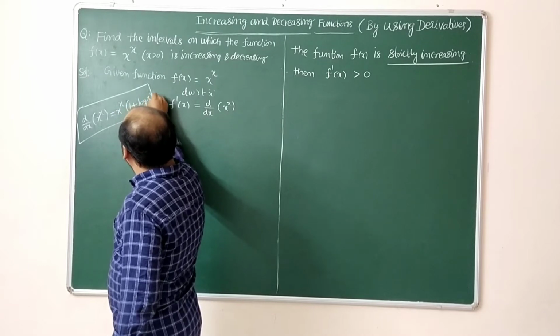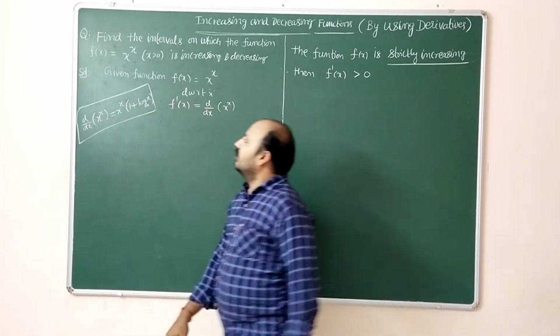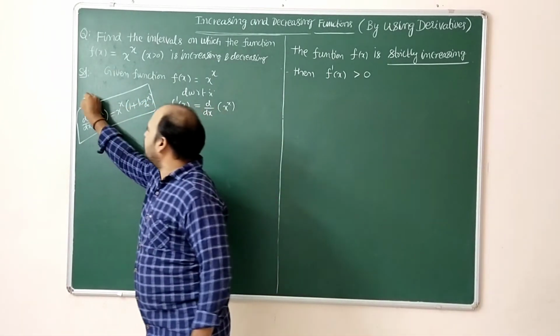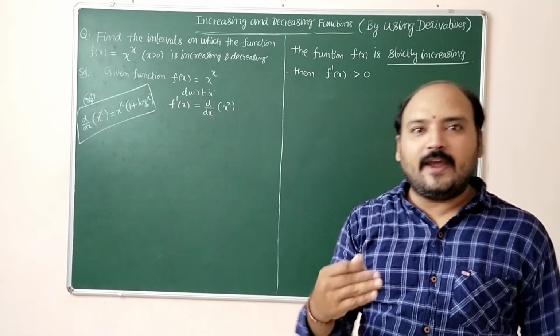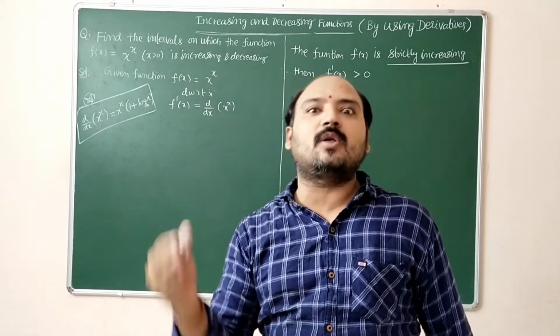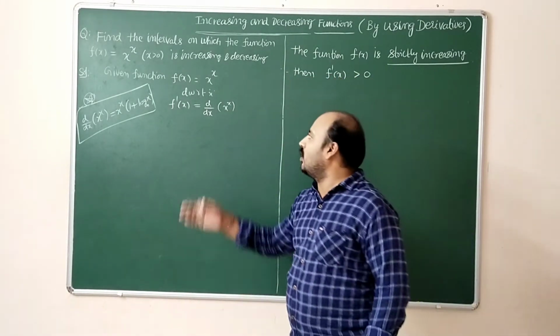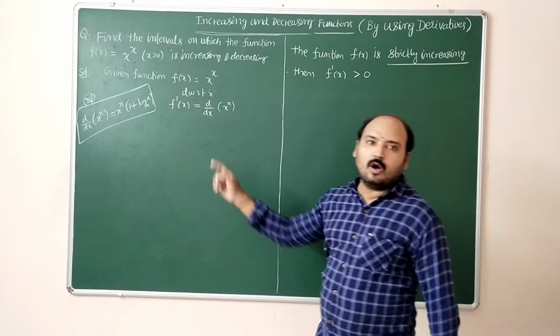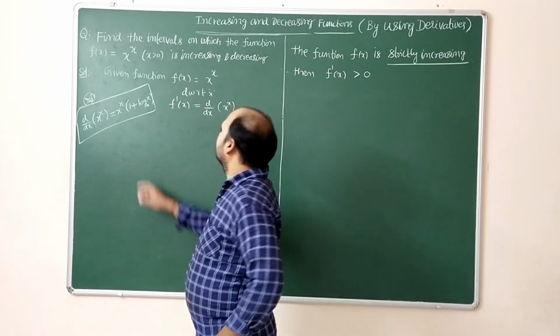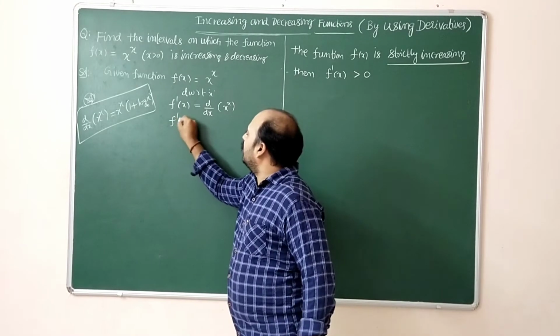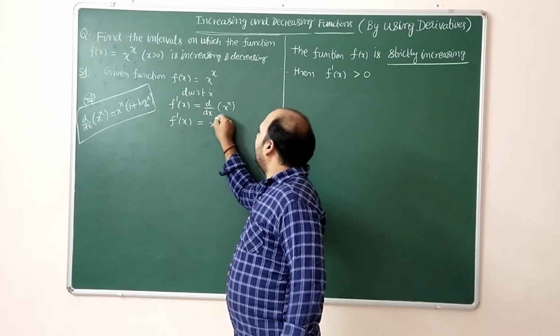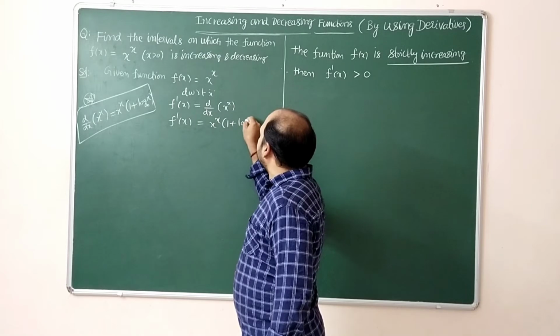Log x means log x to the base e. You have to remember this, friends. The derivative of the function x power x is always x power x into 1 plus log x to the base e. Log x means the base is always e. That is called the natural logarithm. So now f dash of x is equal to x power x into 1 plus log x to the base e.